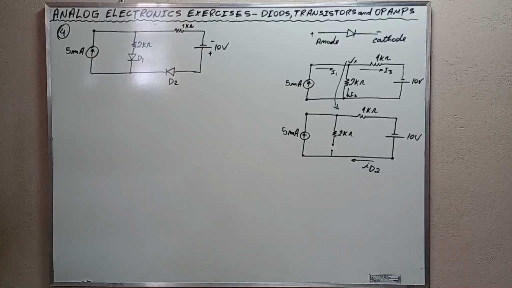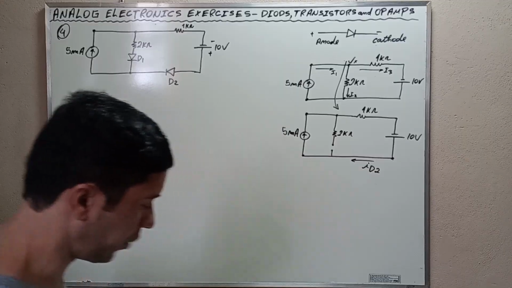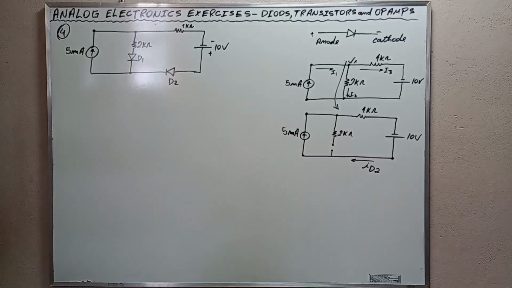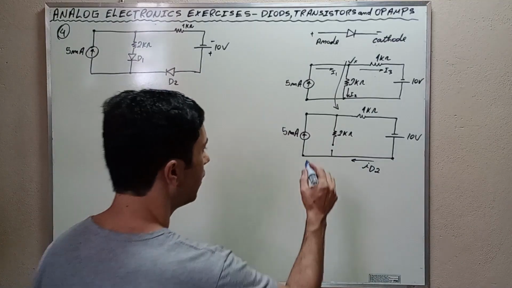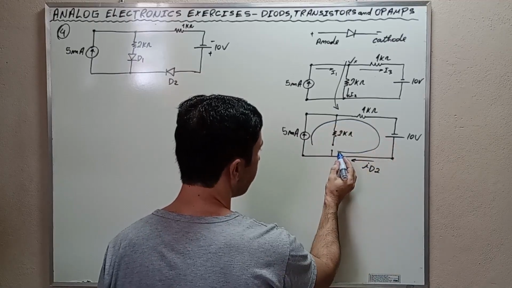As the central branch is open, observe here that the central branch is open. The current of the source passes entirely through the 1 kilo ohms resistor, okay? The current is going to flow in this way here.